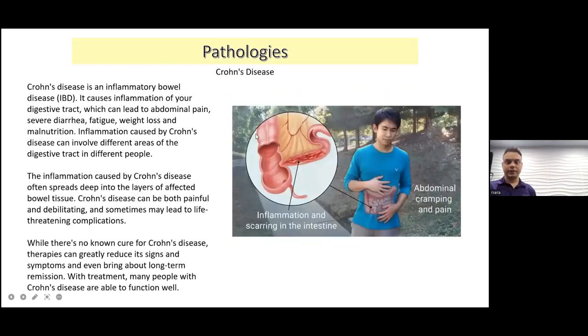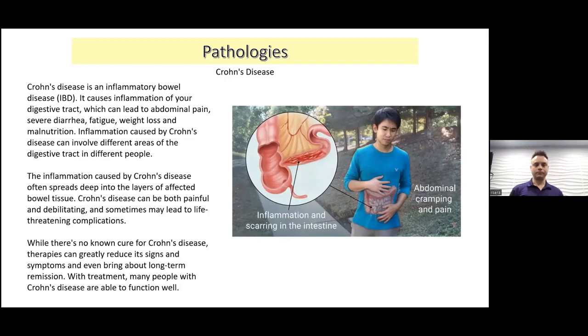Crohn's disease. So a form of IBS, inflammatory bowel diseases and syndromes. So this is where the digestive tract is inflamed, and so this causes really severe cramping, frequent stool passing and diarrhea and everything like that. It can really tax out the body too. You can have severe weight loss and things like that.